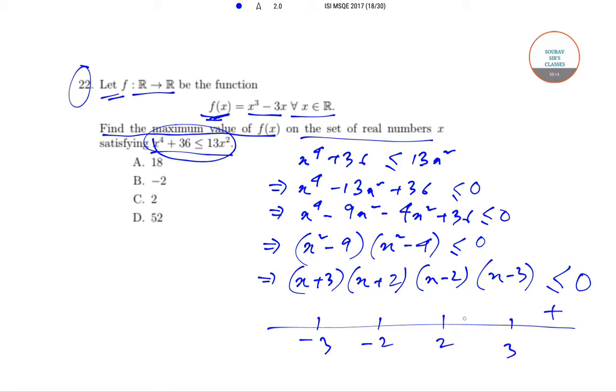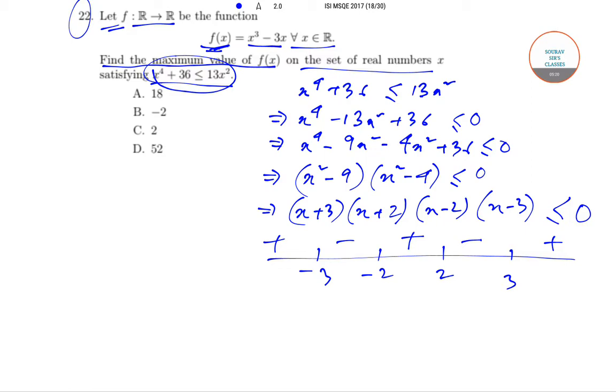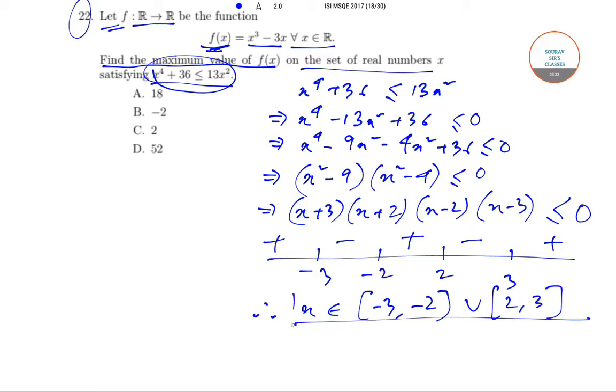So this will be plus, minus, plus, minus, plus. So as you can see that the product will be negative when x belongs to the closed interval [-3, -2] union [2, 3]. So this is the range of values which satisfy this inequality.